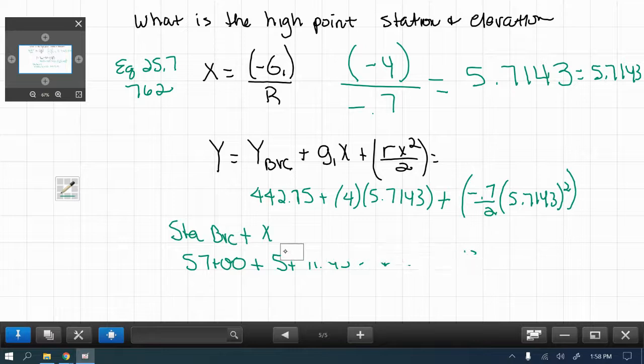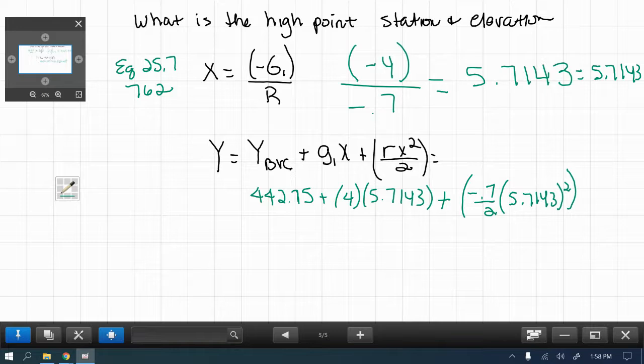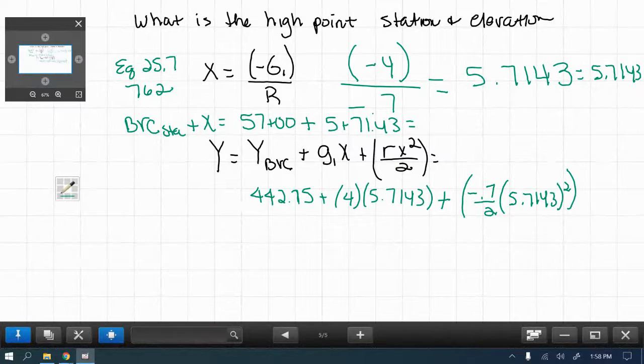Let me move my station out of the way real quick. Delta station.